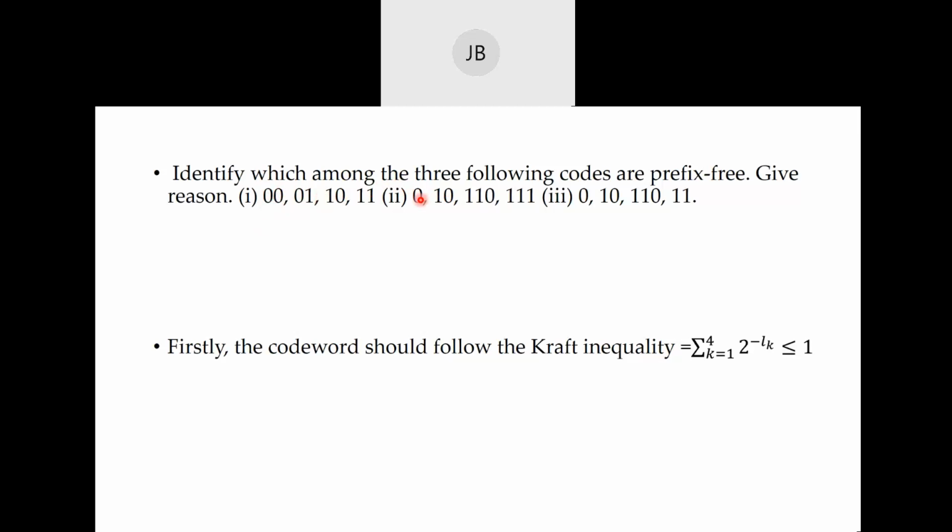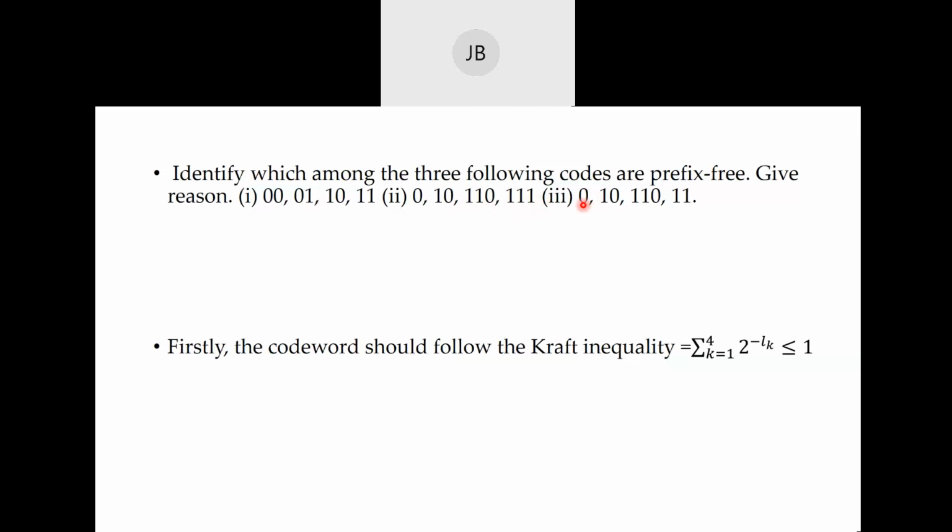For the second one, we check whether 0 is present at the beginning of any of the other code words: no. 10, is it present anywhere here? No. 110, is it present in any of the other code words? No. Similarly, 1 is not present in any of the other code words. So it is also prefix free. It satisfies the condition by comparing.